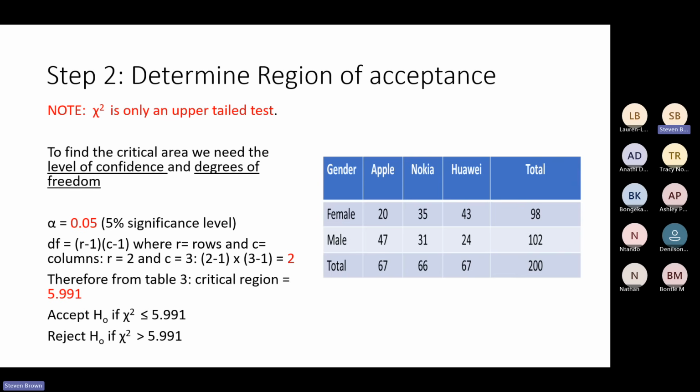So unlike your hypothesis tests, which could have been 1 or 2-tailed, this is a 1-tailed test. Next, you need to find the critical area, the level of confidence, and the degrees of freedom.